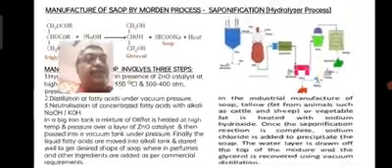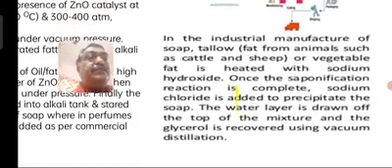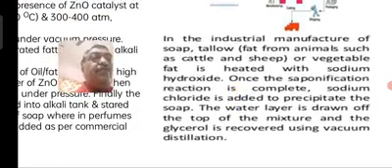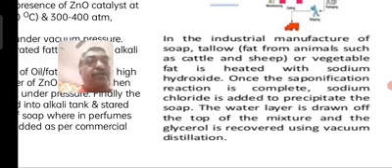Well, in the industrial manufacture of soap, tallow, fat from animals such as cattle and sheep, or vegetable fat is heated with sodium hydroxide. Once the saponification is completed, sodium chloride is added to precipitate the soap, the water layer is drawn off from the top of the mixture, and the glycerol is recovered using vacuum distillation.